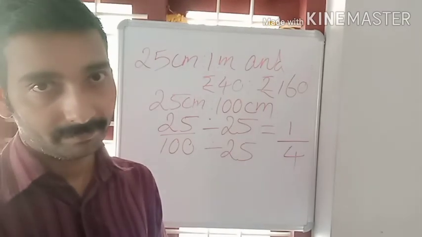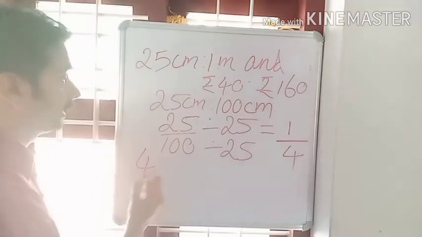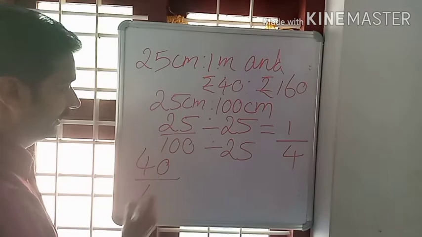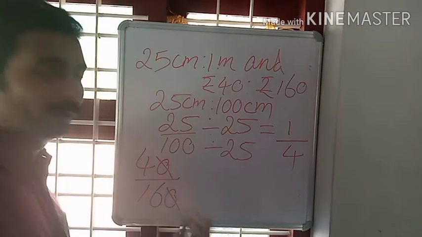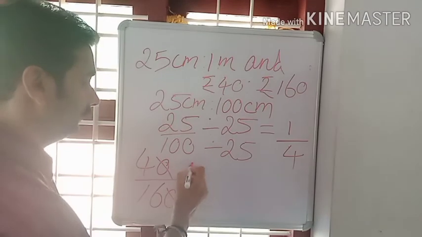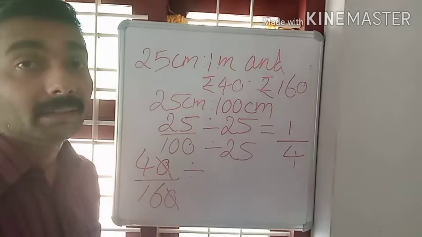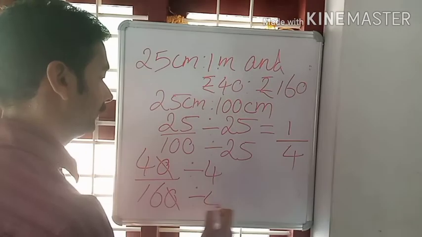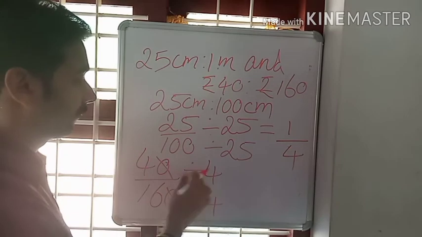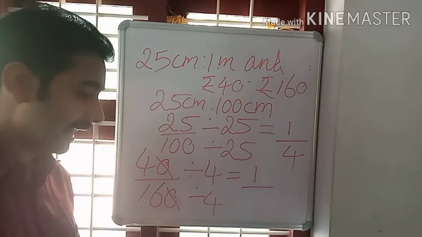Another is 40 upon 160. The zeros cancel. 4 and 16 are divisible by 4. 4 divided by 4 is 1, 16 divided by 4 is 4.